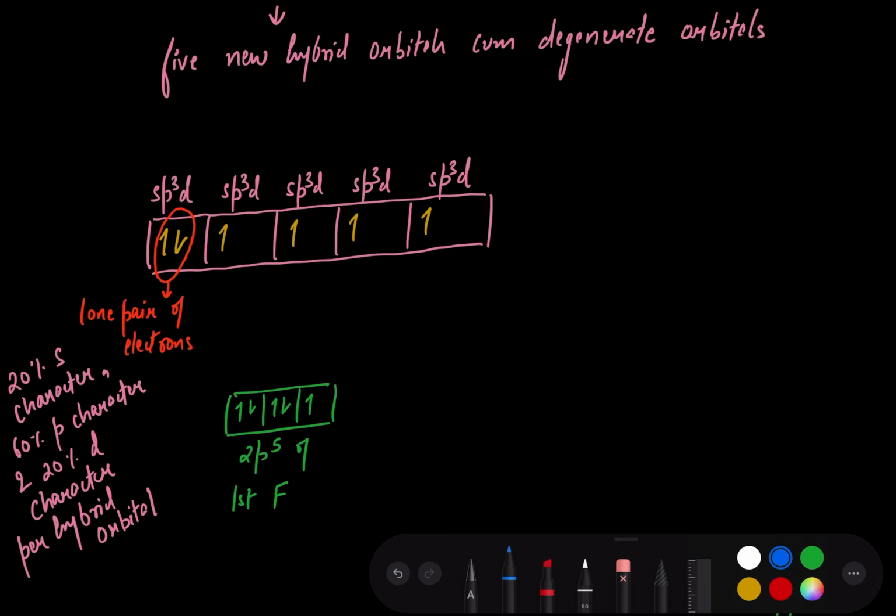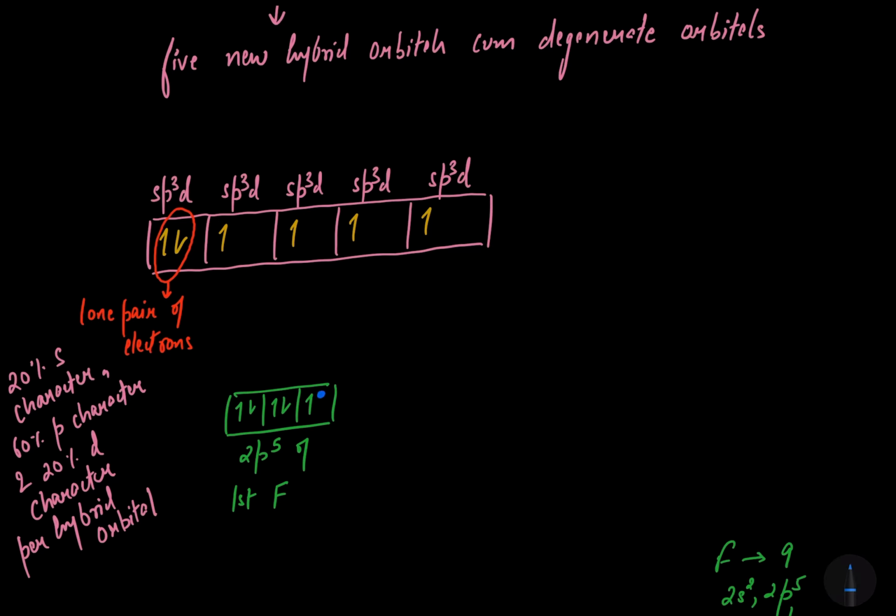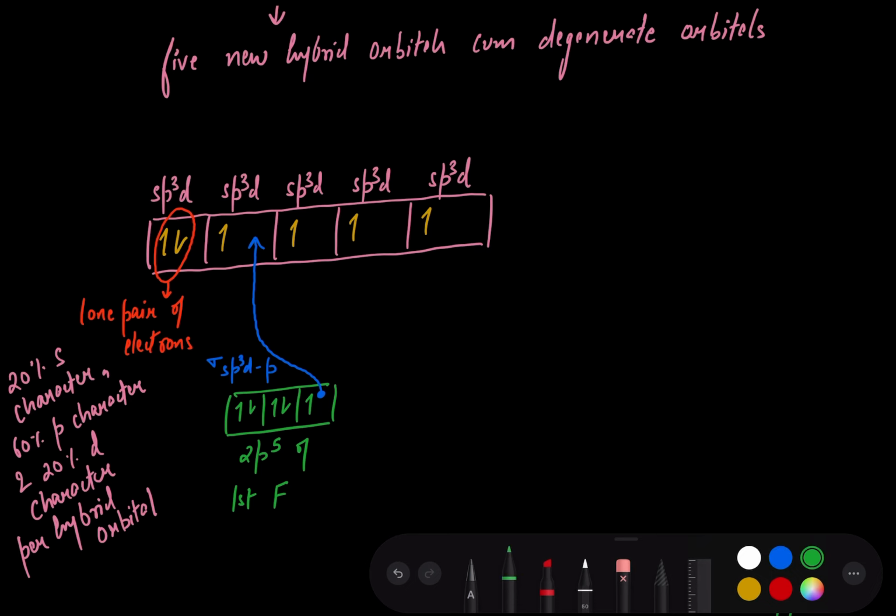Here we are left with one orbital which is having one electron, and this orbital is going to have head-on overlap with the sp3d hybrid orbital of the sulfur for the formation of a sigma bond, and that sigma bond will be sigma sp3d p. Why so? Because this sigma bond has been formed by head-on overlap of sp3d hybrid orbital of sulfur with the p orbital of fluorine.